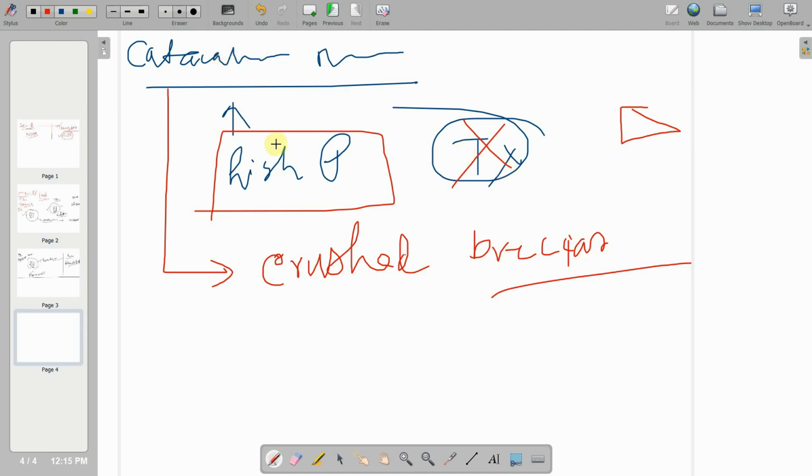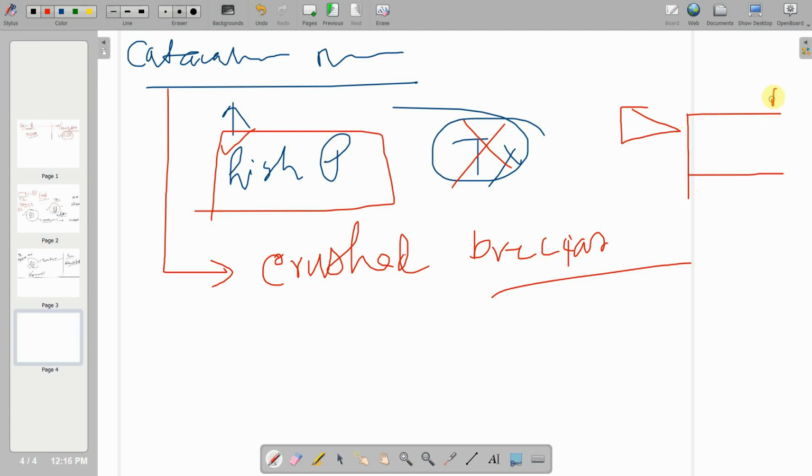But in case of cataclastic metamorphism, only high pressure is acting, no high temperature is available at that point. So the metamorphism happens only because of high pressure. And where can you find this type of metamorphism? It is found generally in crushed breccia, and is found at certain depth in the subsurface.